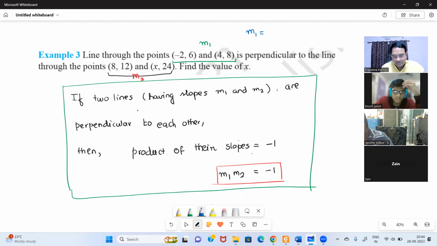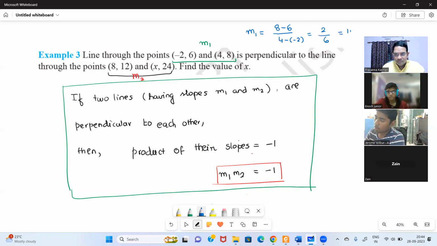So can you tell me what it is? So you're talking about m2. First, tell me m1. It will be 8 minus 6 should be 2 by 4 minus 2 should be 6. So 2 by 6, which will be 1 by 3. Correct.